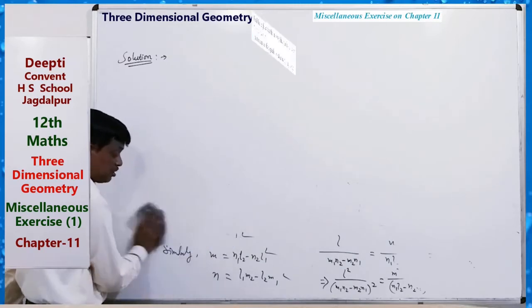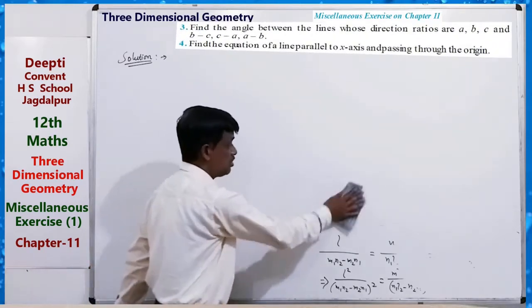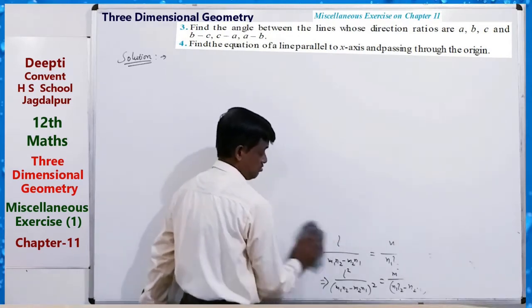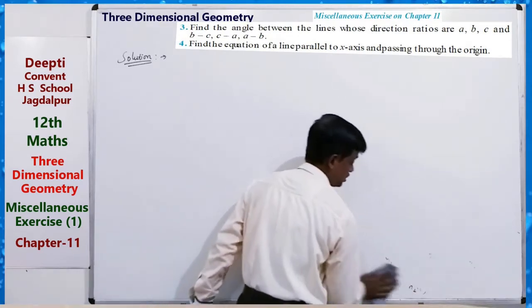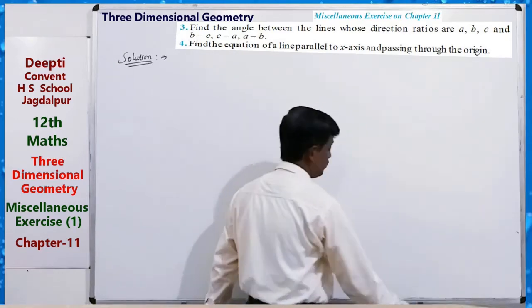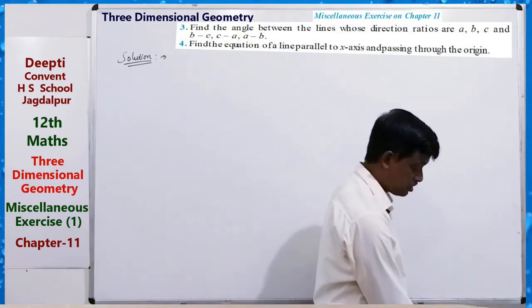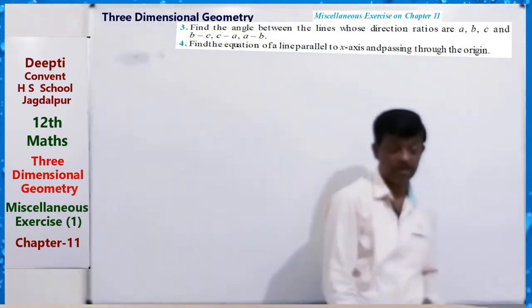So you have to complete the NCERT book, all the questions from it. Also do many questions from reference books. If you have some problem solving the questions from the miscellaneous exercise, you can refer to a reference book.